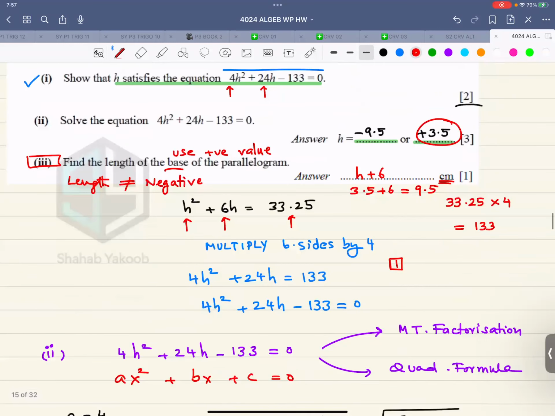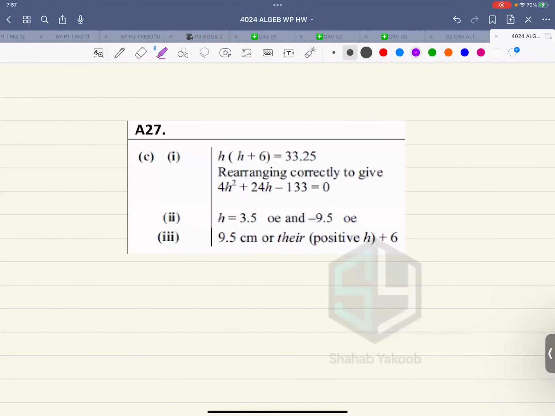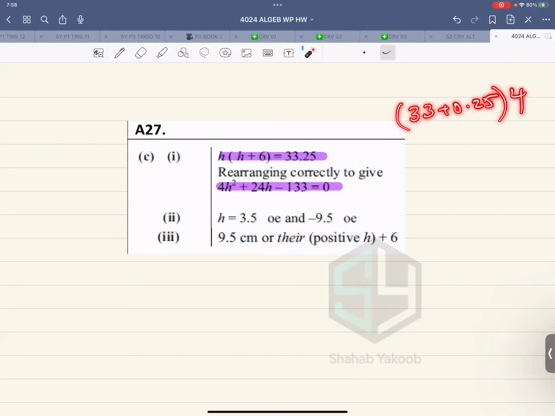Let's double check the answers. This is the first part that is right over here. This is all good, all correct. Rearranging correctly. And then instead of simplifying, this time we were working to get all integers, no decimals. Because this is 0.25, when we multiply by 4, it will become a 1. So this is 33 plus 0.25 into 4. That is what is giving me 133.